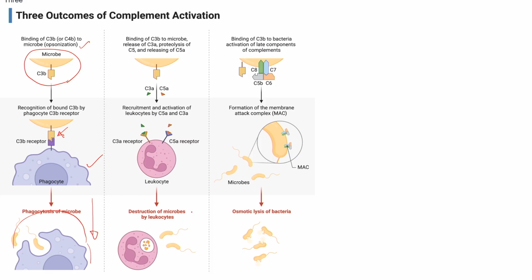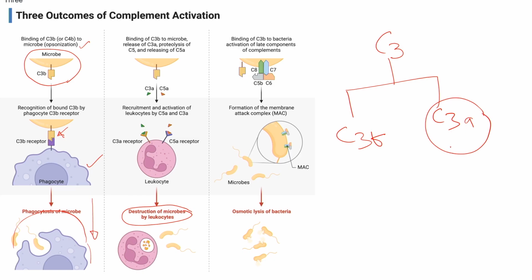The second is destruction of microbes by leukocytes. How this happens is that the binding of C3b to microbes releases a different kind of counterpart. When a complement protein is cleaved into 2 fragments, such as C3b and then C3a, C3a acts as an anaphylatoxin, and this can do multiple functions. C3a or C5a can recruit and activate leukocytes through receptors. Essentially, leukocytes have receptors for C3a and C5a.